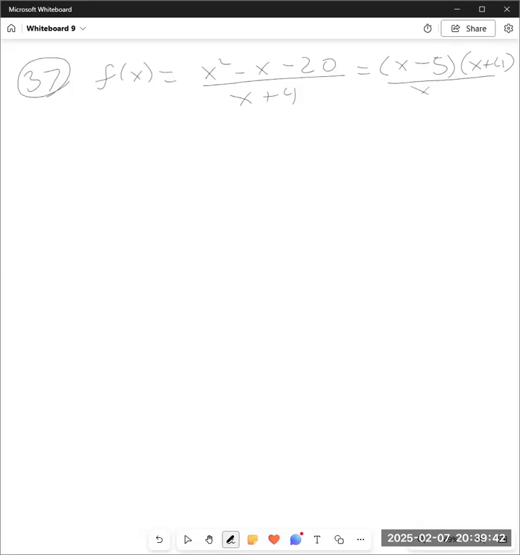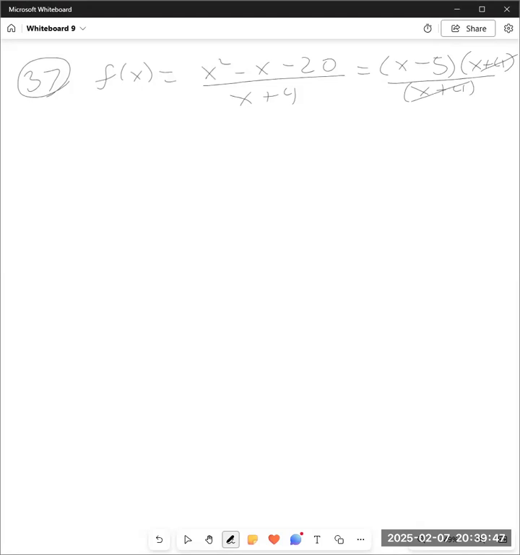Number 37 says that f of x is equal to x squared minus x minus 20 over x plus 4. So this one actually does factor into x minus 5 times x plus 4 over x plus 4.